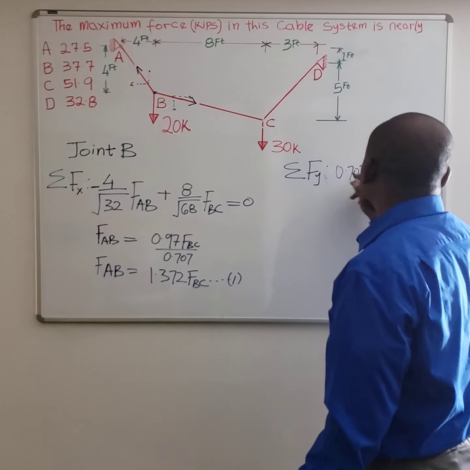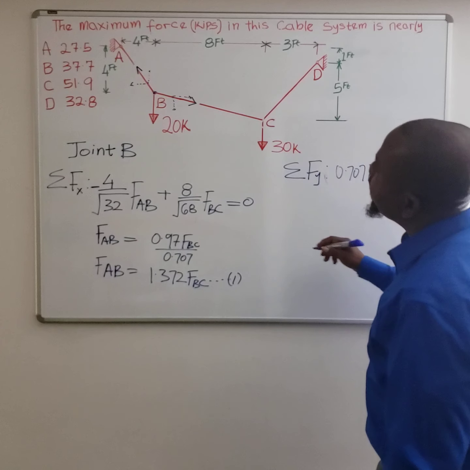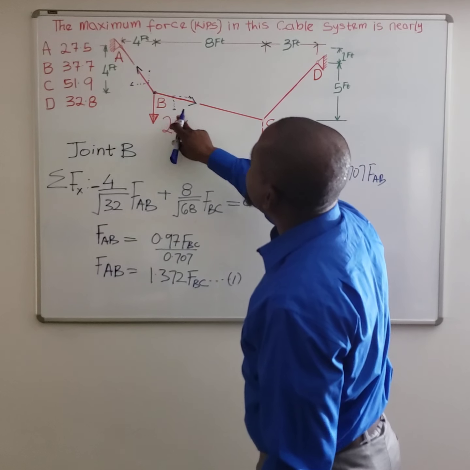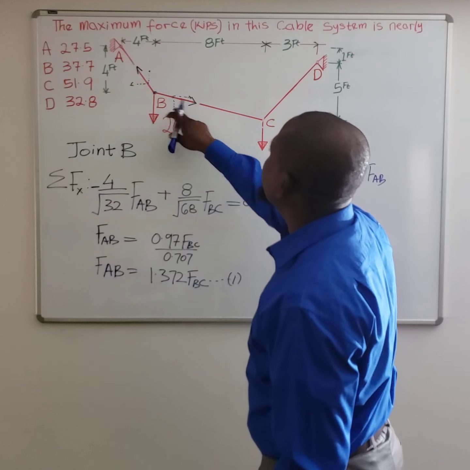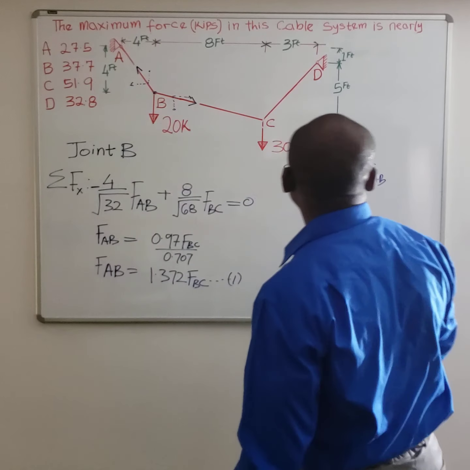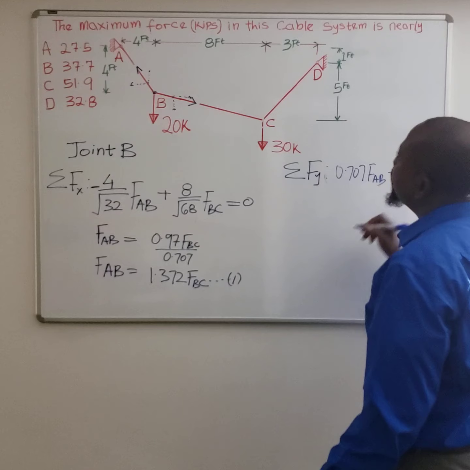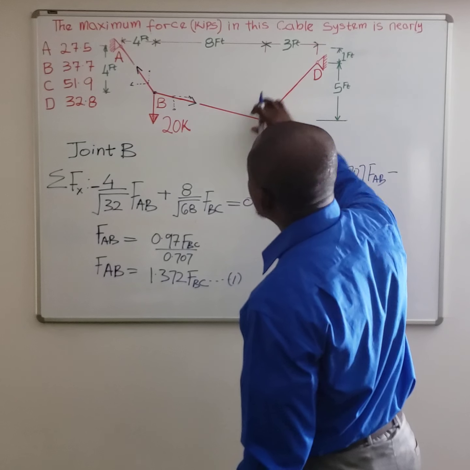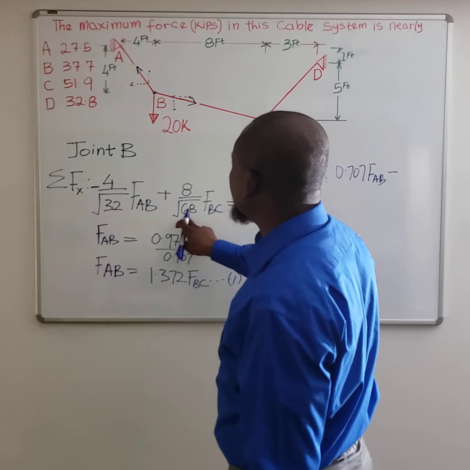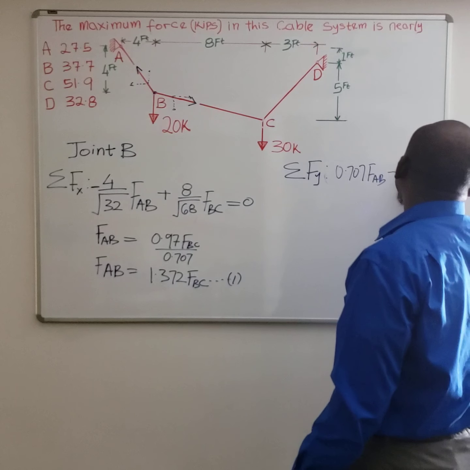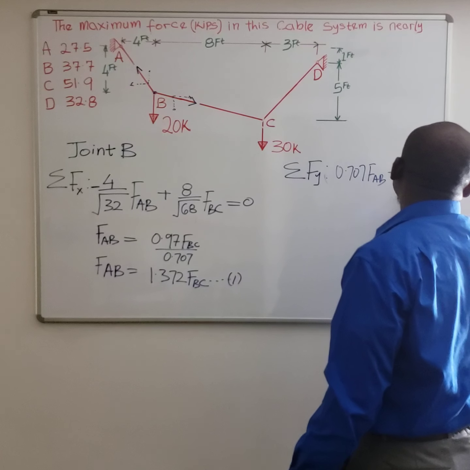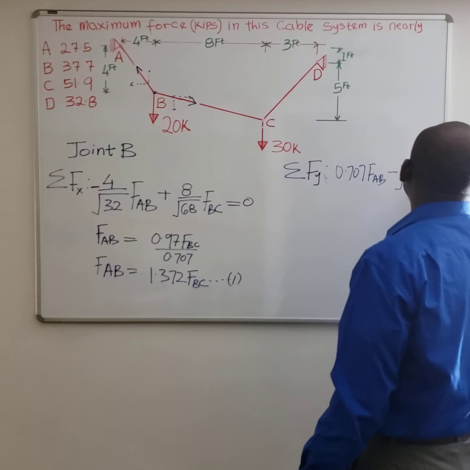FAB, and it's positive. Then over here, the force FBC is coming down, it's negative. So it's negative, and it's going to be 2 over square root of 68 FBC.